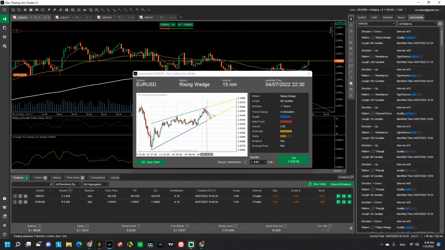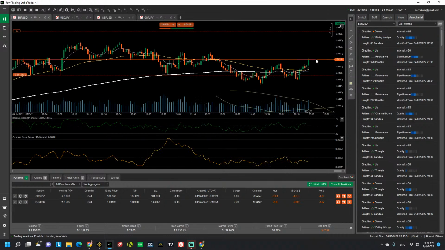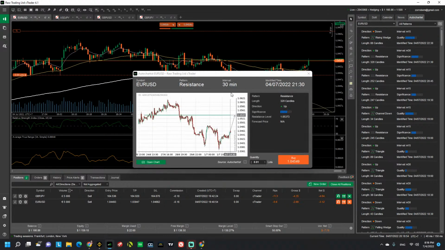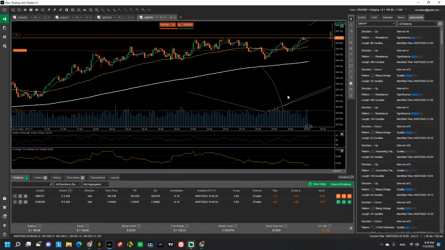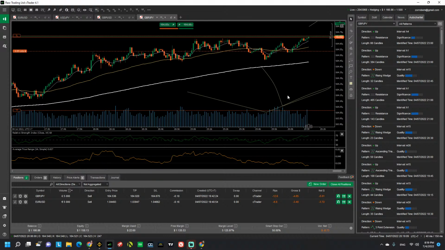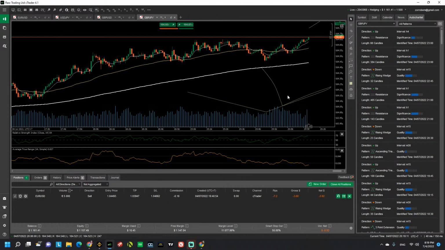Yeah, it says it's going to go down here, but it's going up. Yeah, it's still going up. It's a matter of time it will hit. Yeah, I think it's going to hit. Yep, it hit now, the stop loss. So we lost $5.